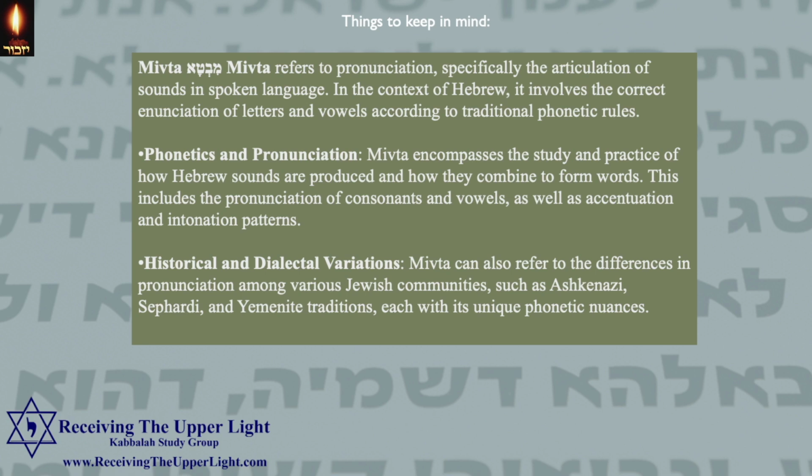This includes the pronunciation of consonants and vowels, as well as accentuation and intonation patterns. Also, it involves the historical and dialectal variations. It can also refer to the differences in pronunciation among various Jewish communities, such as Ashkenazi, Sephardi, and Yemenite traditions, each with its unique phonetic nuances, right?